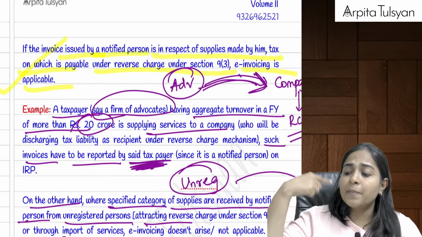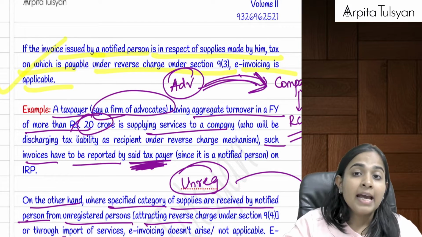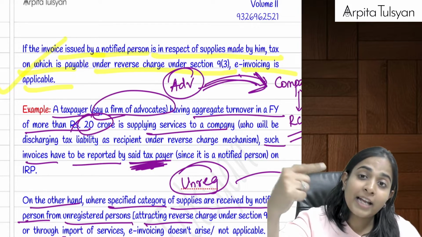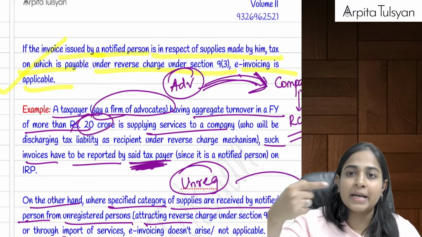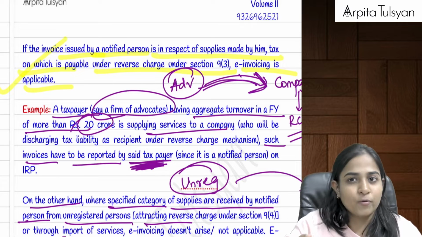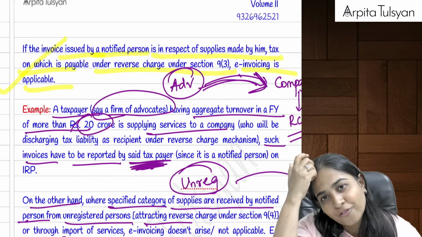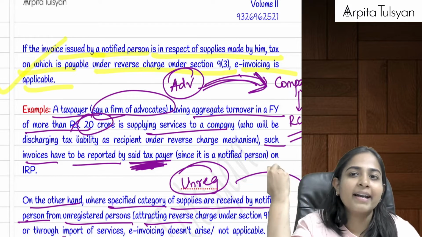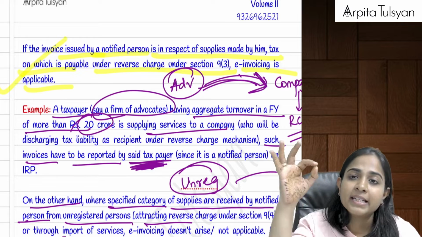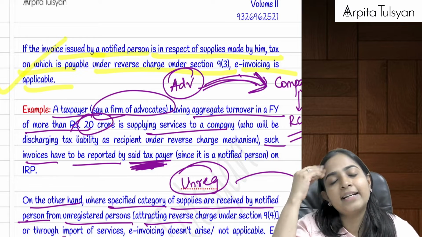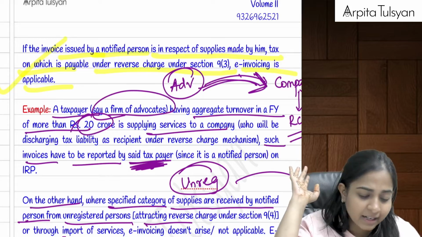If a registered person is making a supply to the other person, then even though tax is payable by the other person under RCM, I will be required to issue e-invoice. I will not be exempted from the requirements of e-invoice. I just have to check one requirement: whether my aggregate turnover has exceeded rupees 5 crore in any one of the preceding financial years.